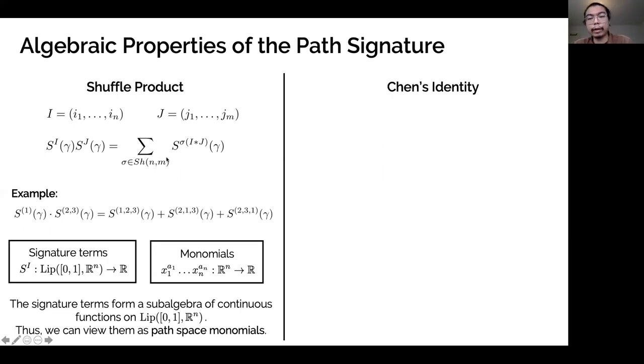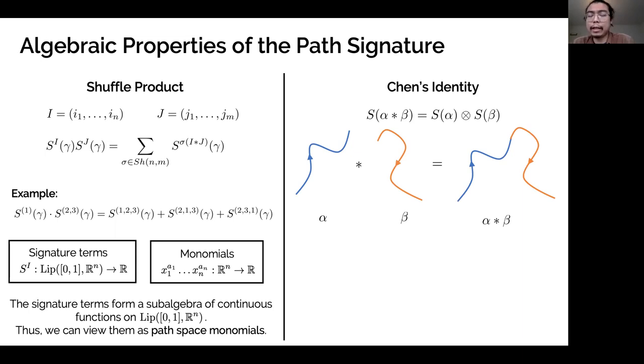But there's also a second algebraic property of the path signature, and this is Chen's identity, which is sort of an external multiplicative structure. This says that if we have two paths and we look at the concatenation, the signature of the concatenated path is just going to be the tensor product of the corresponding signatures.